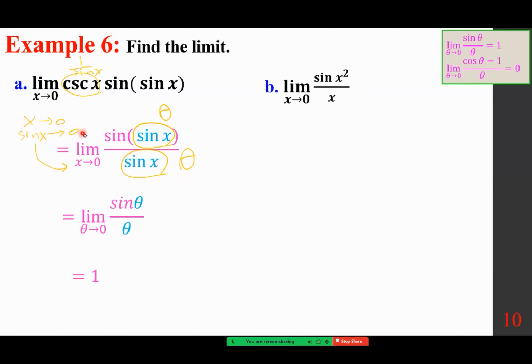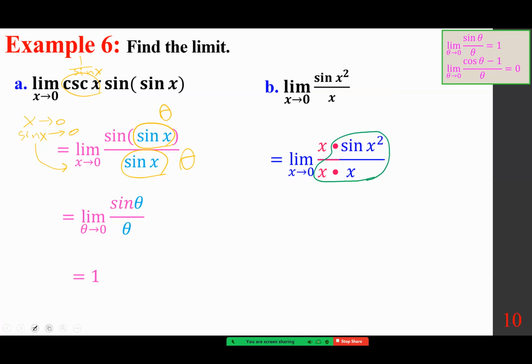What about this case? Again, we want to make it look like what we know. This is x squared. This is the argument of sine. You can't change that. So if you can't change that, maybe we can make this one look like that. So we're going to multiply by x, the top and the bottom. When we do that, now the denominator is x squared. So we can write it in this fashion. So we keep this part separate.